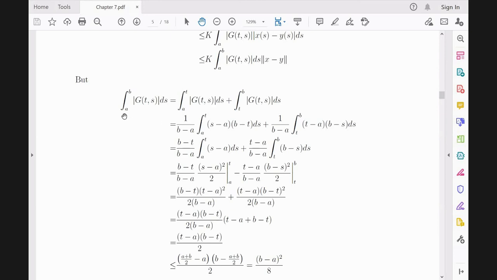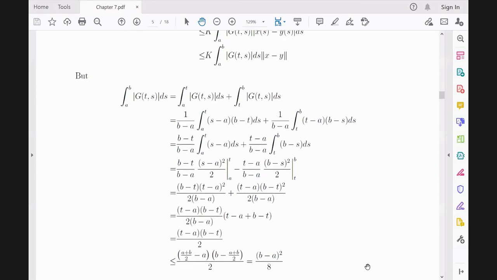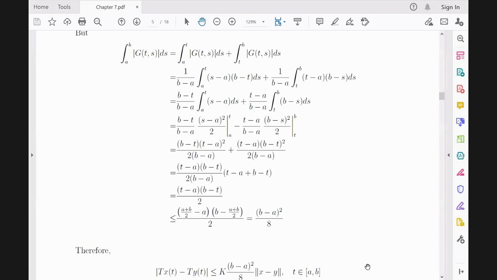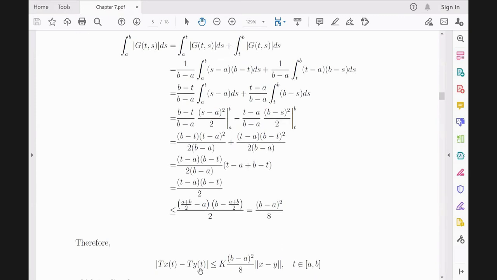So the integral of the absolute value of g(t,s) from a to b ds is less than or equal to (b minus a) square over 8. Now using this over here, the absolute value of Tx minus Ty is less than or equal to k into (b minus a) square over 8 into the norm of x minus y, for t belonging to [a,b].